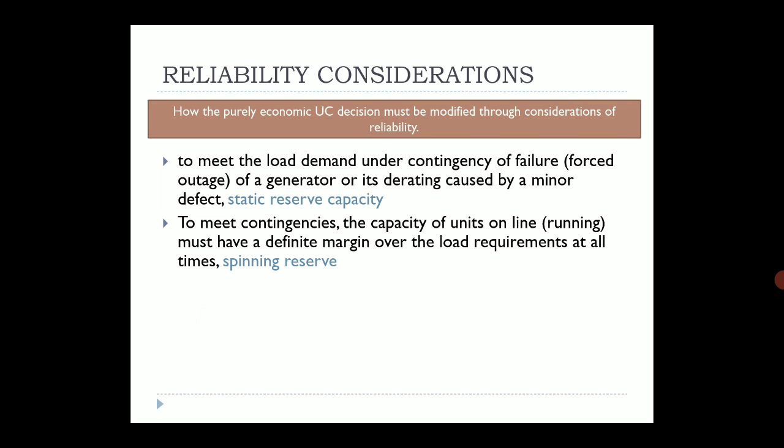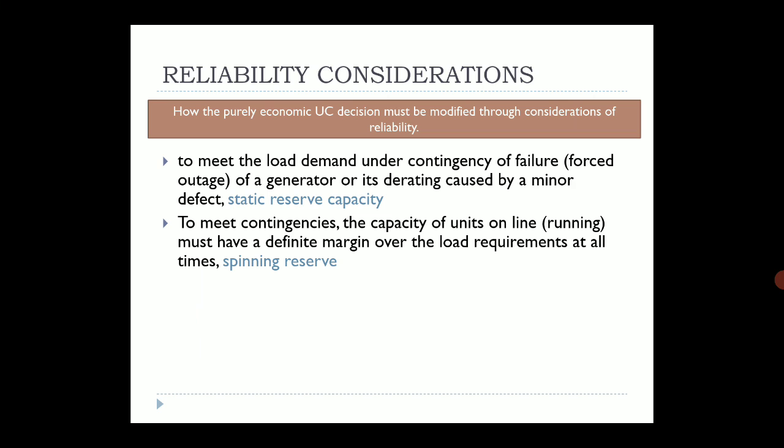So either we have a static reserve or we have a spinning reserve. Now why are these needed? To enhance the reliability. When the generator is disconnected, you'll have a power break, and there will be no power to the load. That we cannot allow.